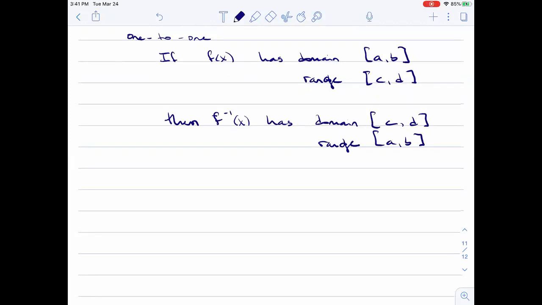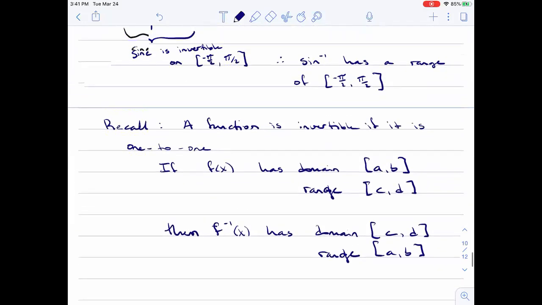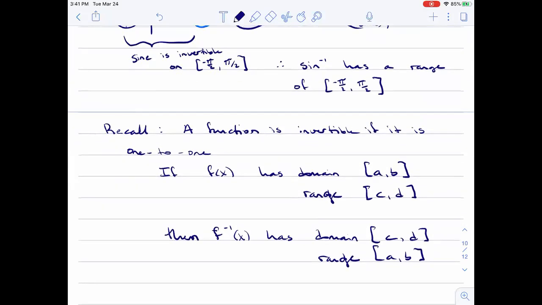So they kind of flip-flop back and forth. That's not something that I expect you to remember, but it is good to keep in mind, right?